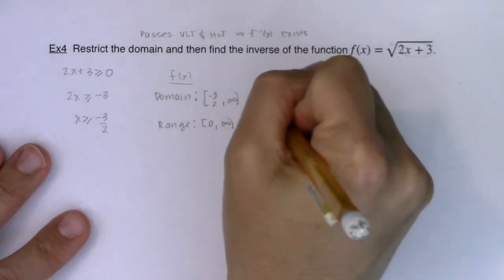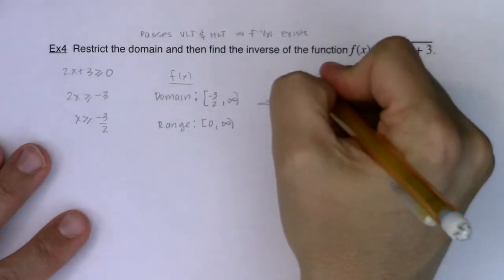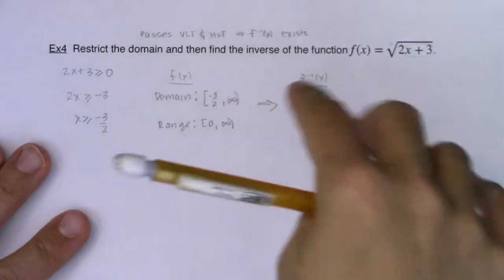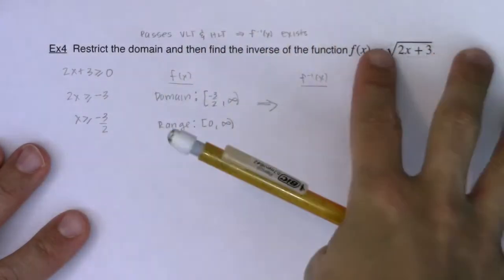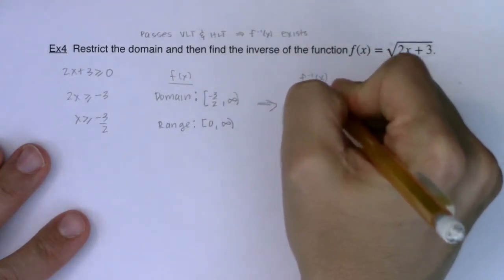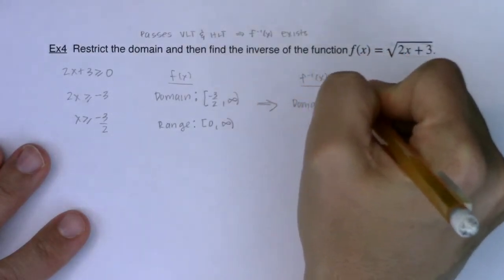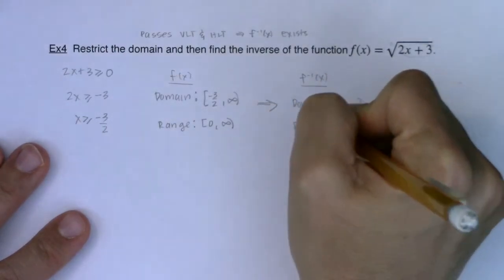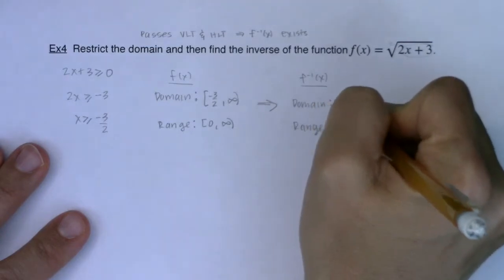And I do this, especially when I'm dealing with inverse functions, just because it grounds me. It helps me remember, okay, that means when I go to find this inverse function, whatever it's going to be, I know its domain is going to be 0 to infinity, and its range is going to be from -3/2 to infinity.